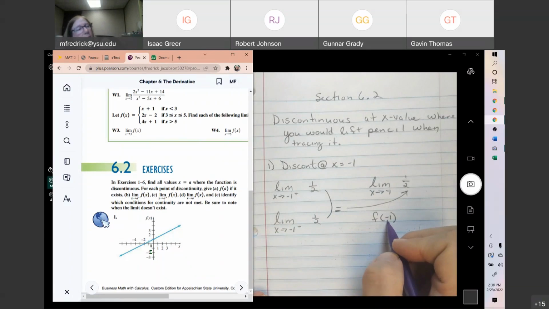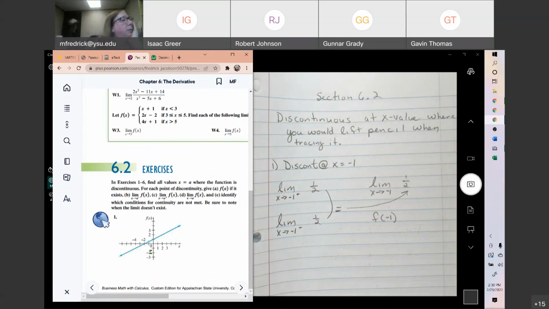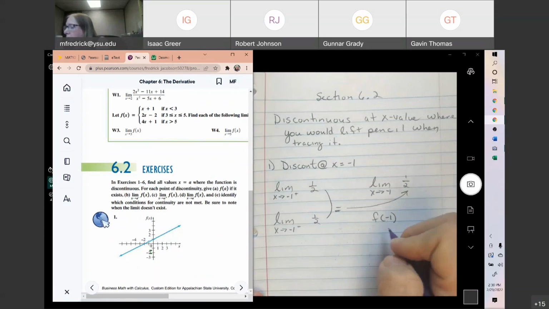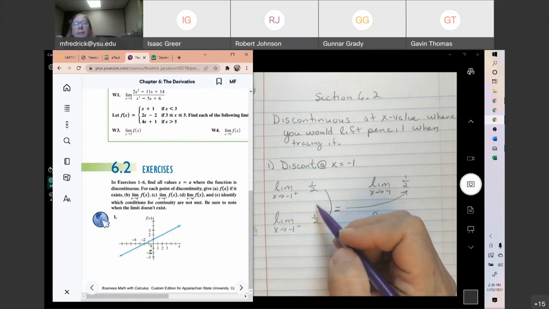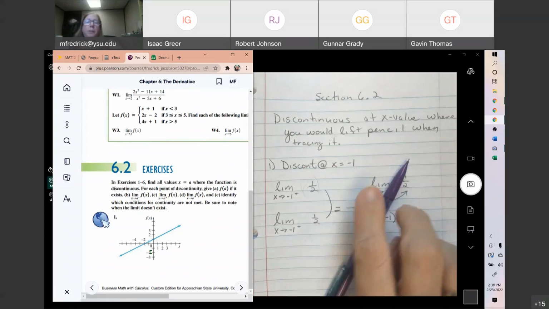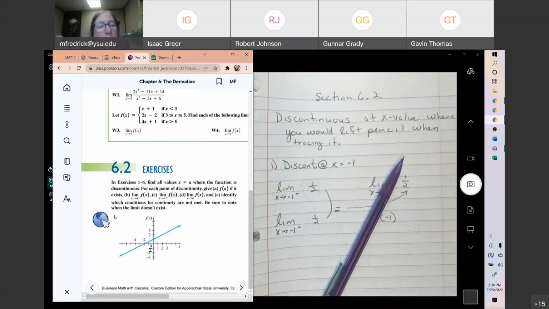This one looks for the shaded in point. Confused on how you got that. Okay. For the 1/2, these are the y values. So when I look at -1, both lines from the right and from the left come into the same open circle. And the y value for that open circle is 1/2.